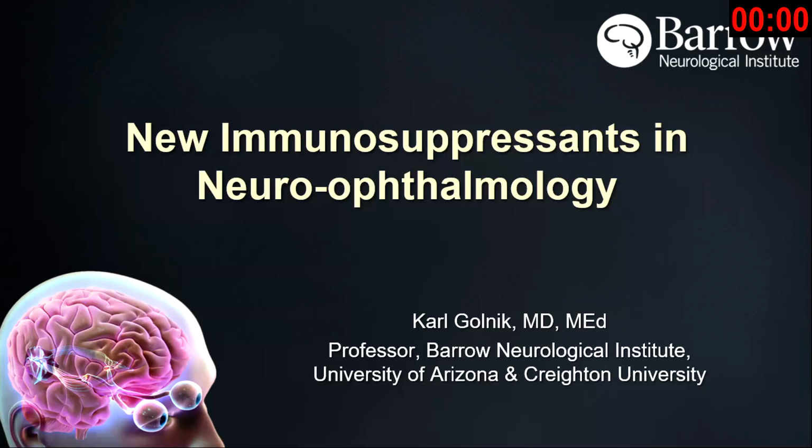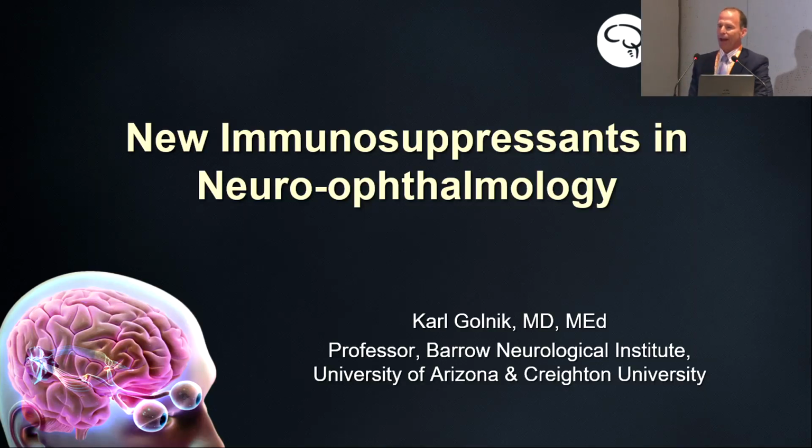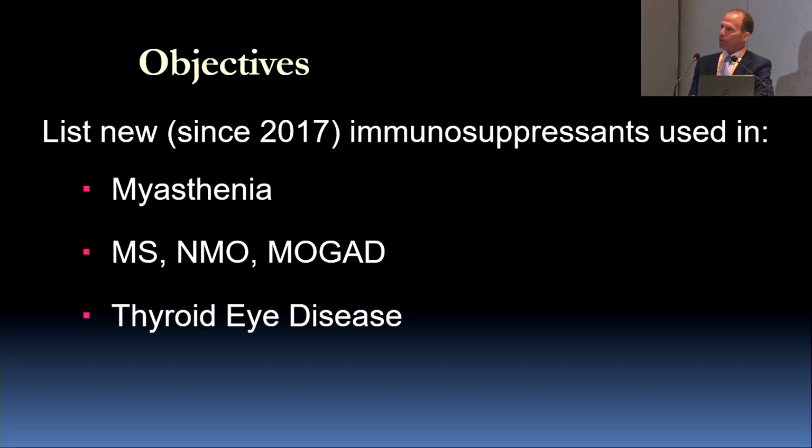Well, thank you. It's a pleasure to be here. Unlike our first speaker, who got to talk about his favorite topic, this is not my favorite topic. New immunosuppressants in neuro-ophthalmology. My objectives: new is a relative term, so I chose 2017 as my cutoff, and there is just an explosion of these immunosuppressants.